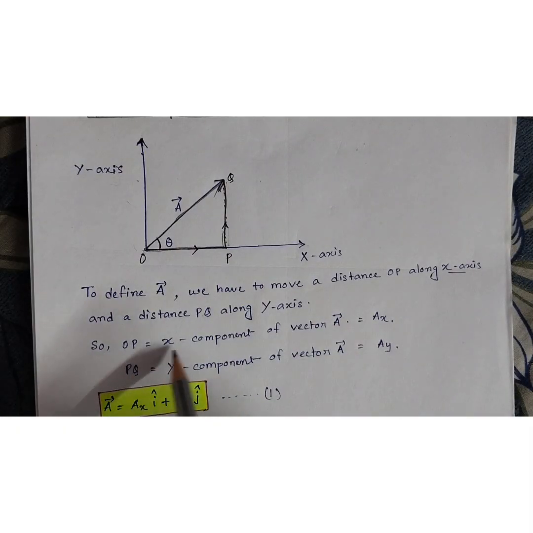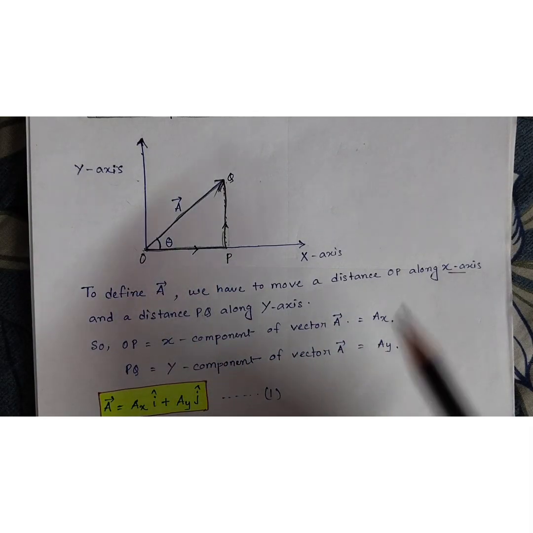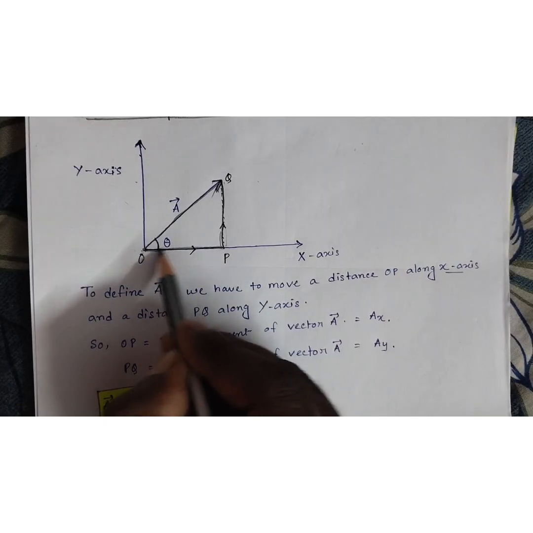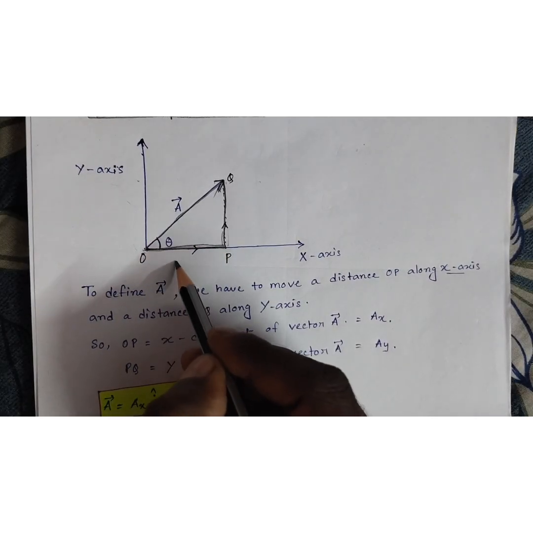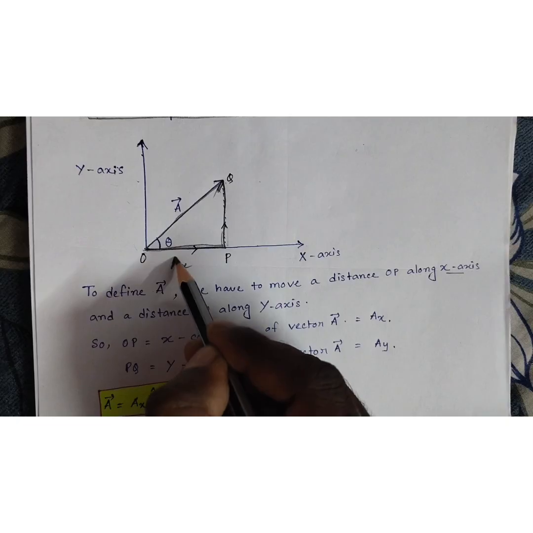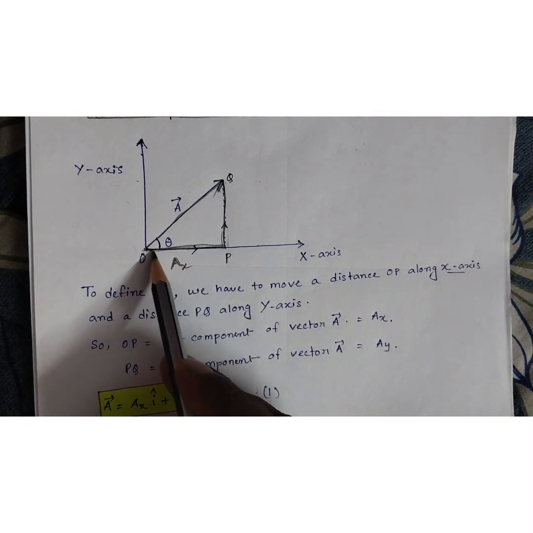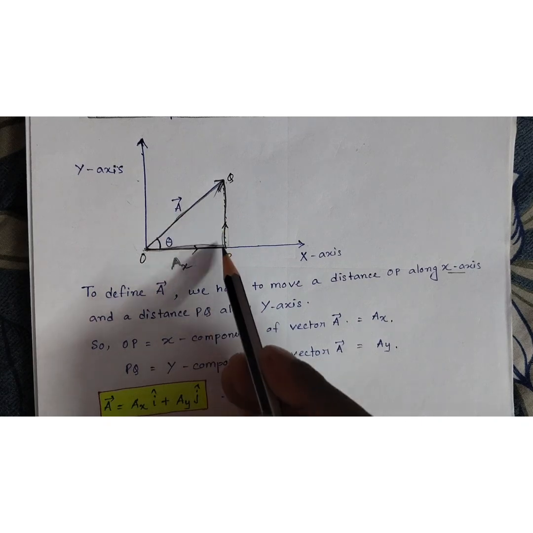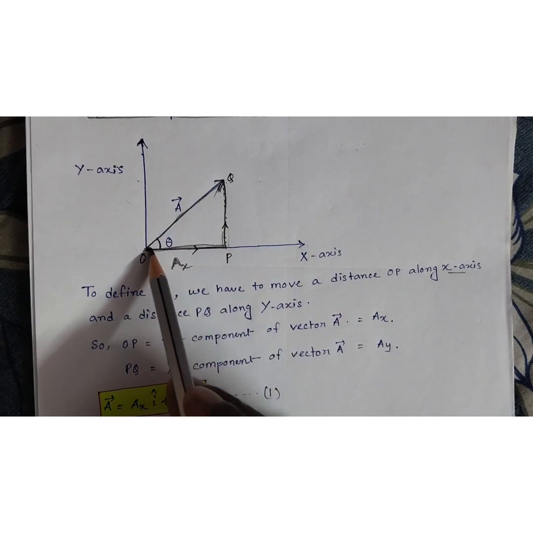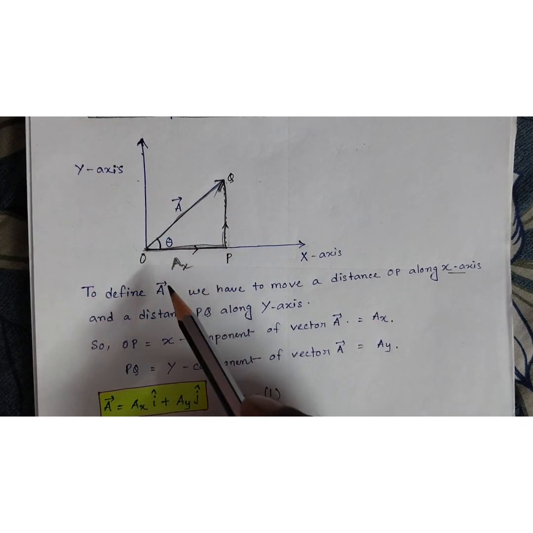OP is the x component of the vector A. That means A suffix x. The x component of vector A means: along the x-axis, what is the effect of vector A?